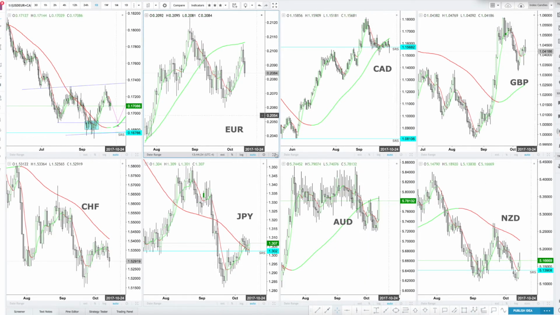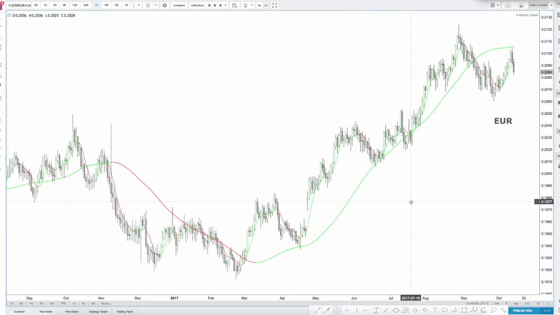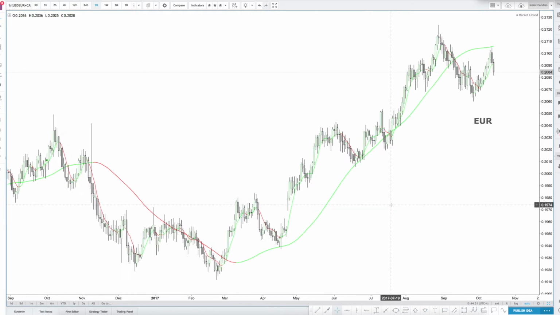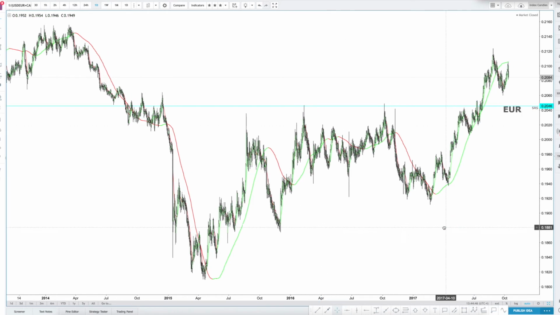So now let's look at Euro. Obviously uptrend. So let's look at the big picture. And these are daily bars, by the way. So we have, let's draw some support and resistance. We got a bunch of these.